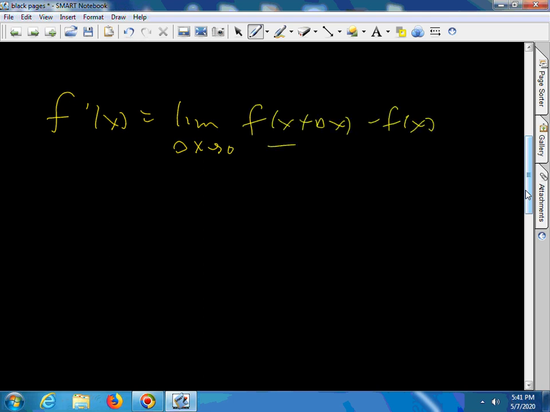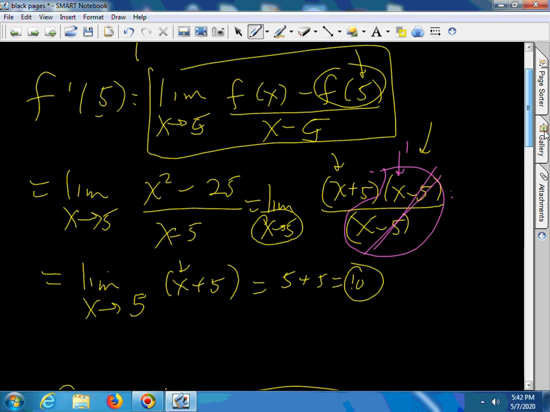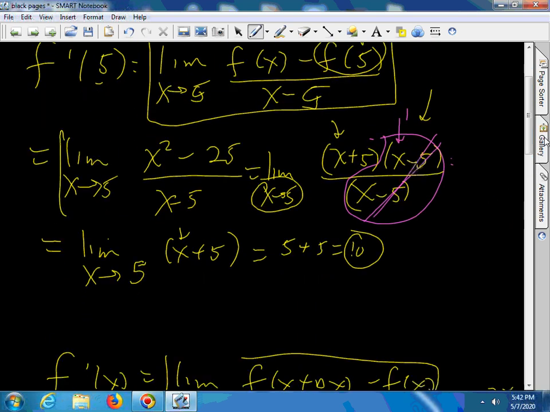Now, if I had calculated f prime of x using the regular definition, which I'm not going to do all the work, after a few lines, you will get this as 2x. And getting to the 2x took as much work as it took for me to get this limit to equal 10.